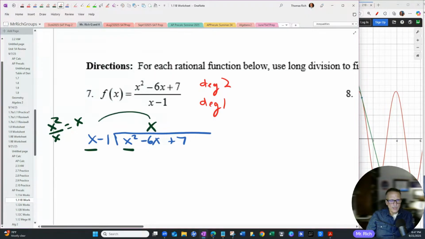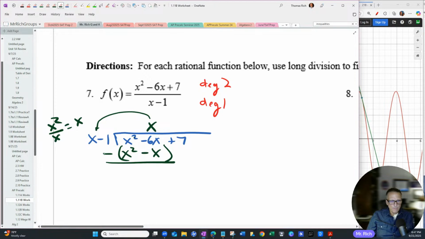Then you're going to multiply the x that you put on the top. You're going to distribute that, multiply it through the x minus 1, and write the answer underneath. So x times x is x squared. X times negative 1 is negative 1x. And then we are going to do subtraction.